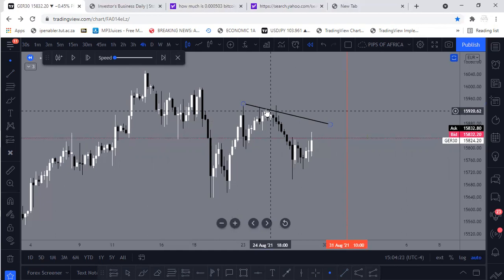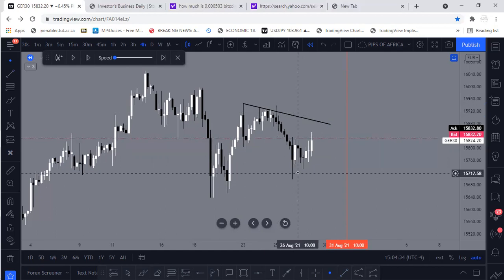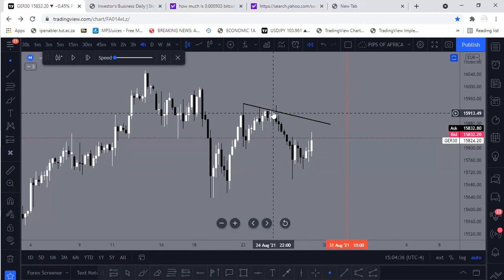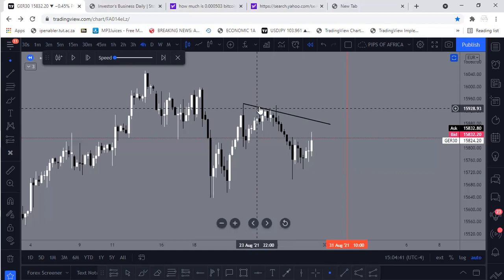So retail traders were selling here. The market broke above, hitting their stop losses here. The market went down to the downside. Remember that the market only took these ones out, who sold here, and also these ones here.